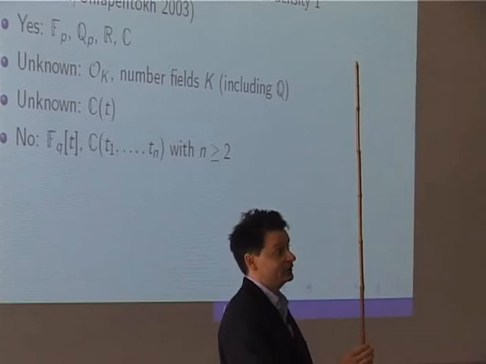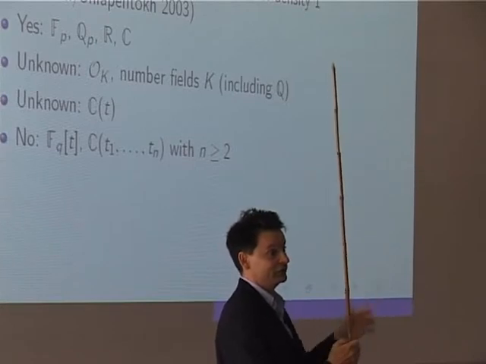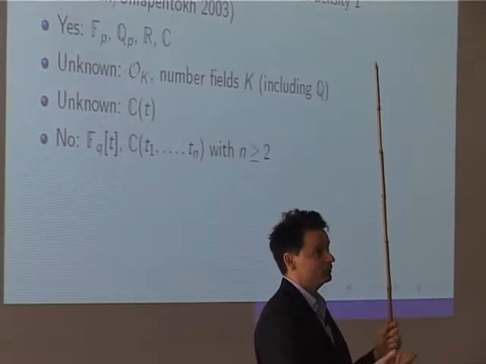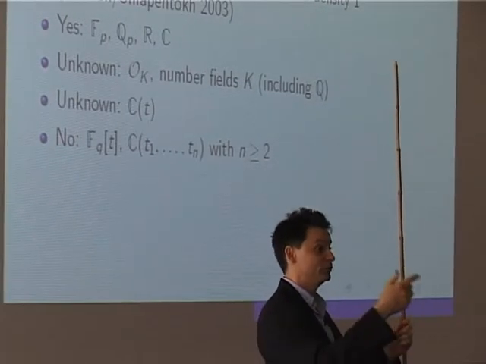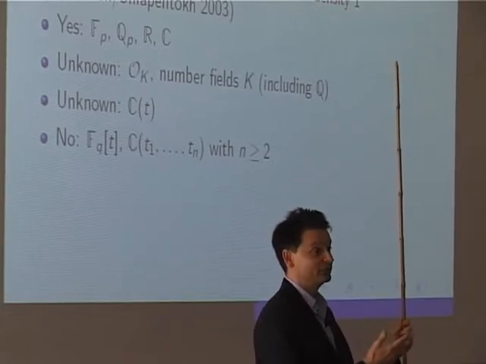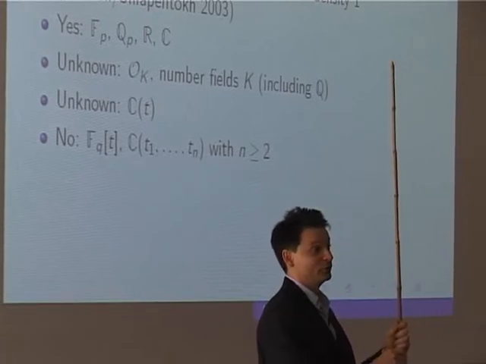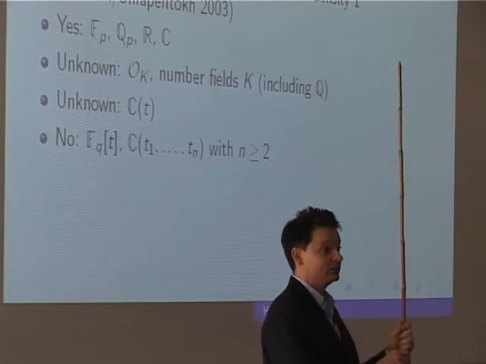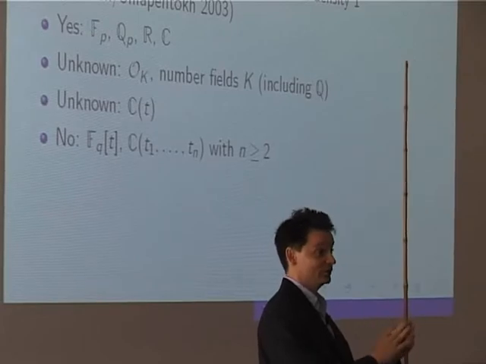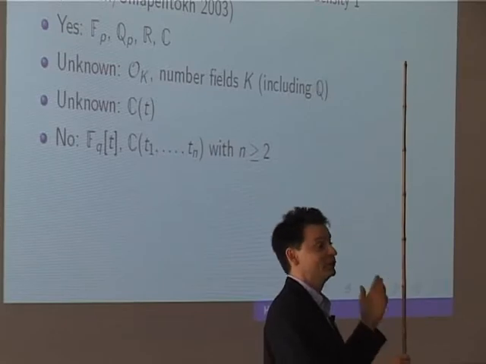But you could ask, well, maybe if you look at rings between the integers and the rationals and ask the same question. One way is to look at rings where you invert some primes. So you look at rational numbers with denominators in a finite set of primes or an infinite set of primes. In this particular result, you actually invert infinitely many primes, but not all. And if you could invert all primes, then you would have the rationals. And you invert a set of density 1.